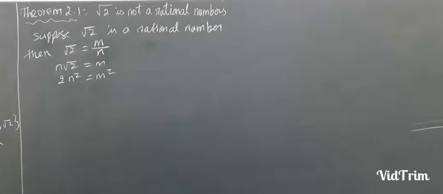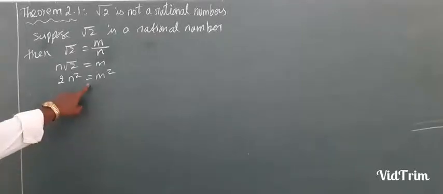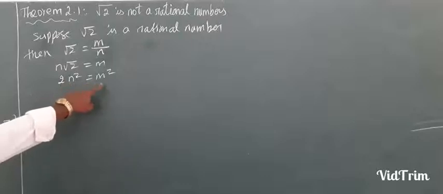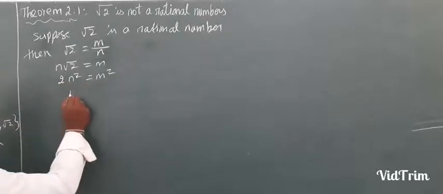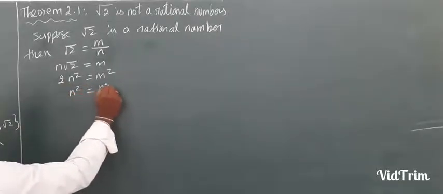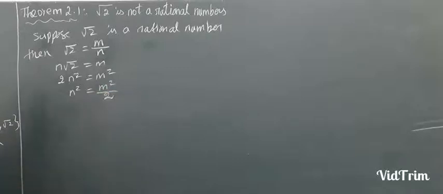Again here, N square, if you change that, it will be N square is equal to M square by 2, which means M has the factor of 2.